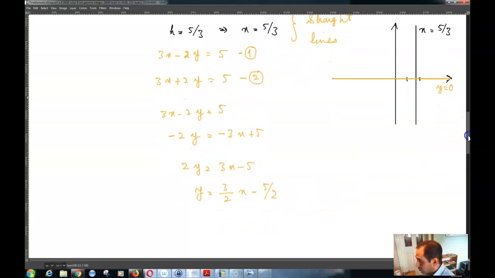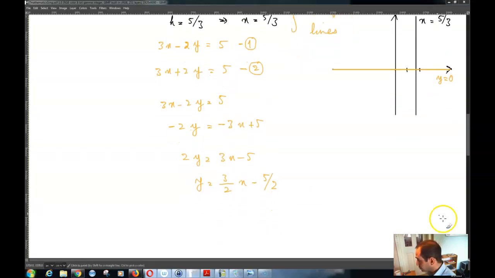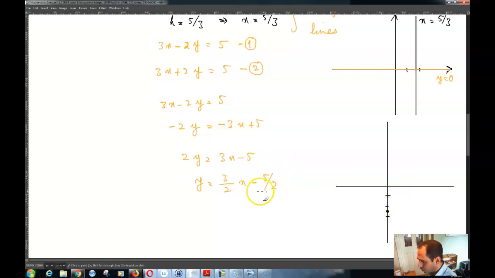So what that means is that we have this line over here. 5/2 is 2.5, so 1, 2, 3. That there is your y coordinate, and 3/2 is your slope, which means your slope is 1.5. So for 2 units of horizontal change, you have 3 units of vertical change.